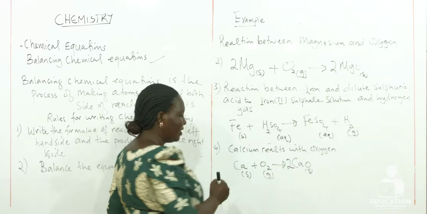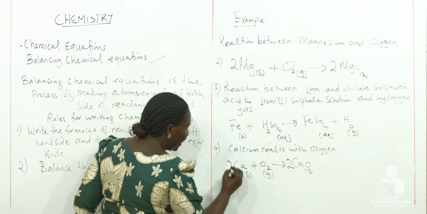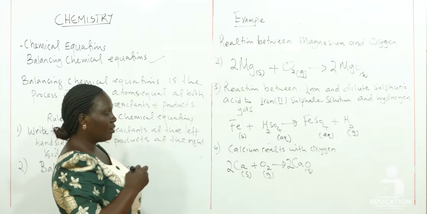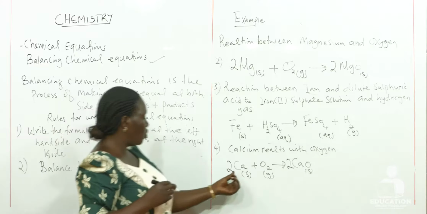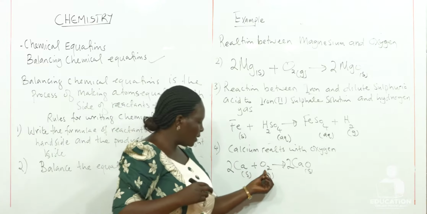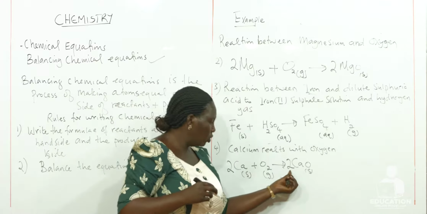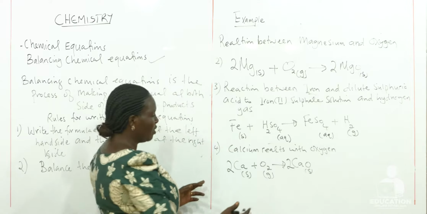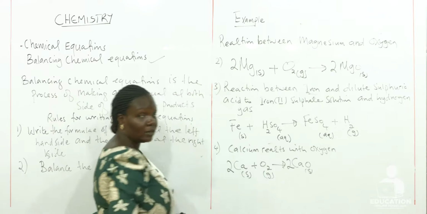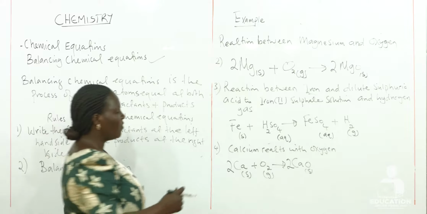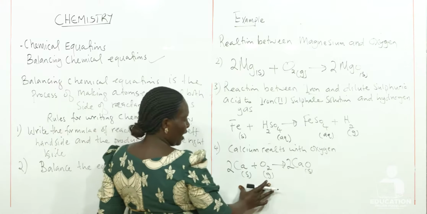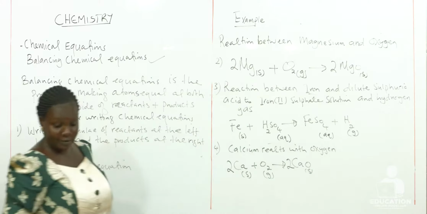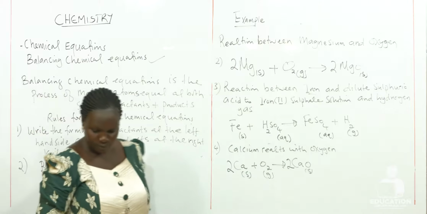So for us to balance calcium, we need to place another 2 at the side of the reactants. So we have 2 calcium, 2 oxygen, giving us 2 calcium oxide. So when we look at this equation now, this equation is balanced. The number of atoms at the reactant side is the same as the number of atoms at the product's side.